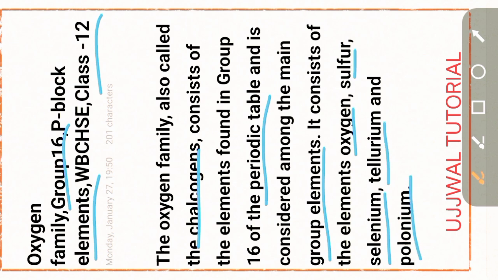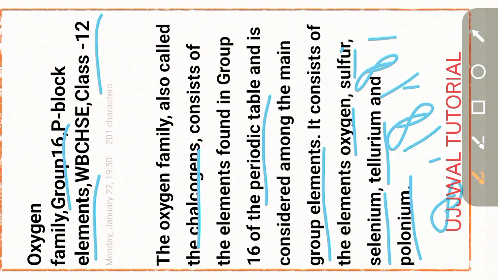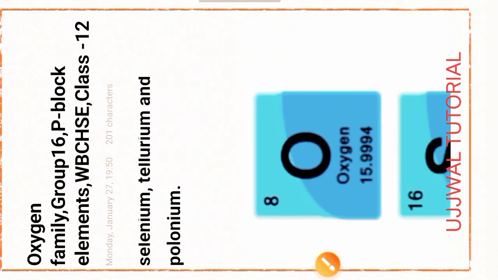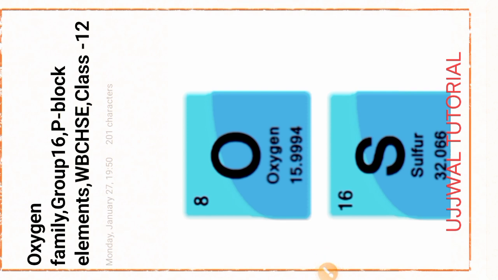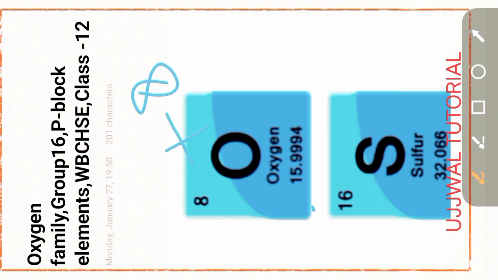Now find out the atomic numbers of the following elements. Follow the pattern 8, 18, 18, and 32. At first, the atomic number of oxygen is 8. 8 plus 8 equals 16, the atomic number of sulfur.